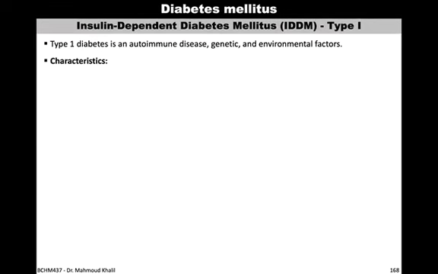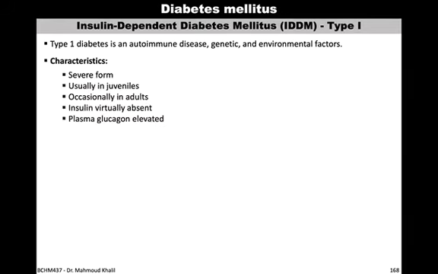So let's talk about diabetes mellitus, one of the major conditions that may arise as a disease due to insulin deficiency. The first type of diabetes is type 1. It's insulin-dependent diabetes mellitus. Type 1 diabetes is an autoimmune disease, and it is mainly genetic, and some environmental factors may affect its occurrence.